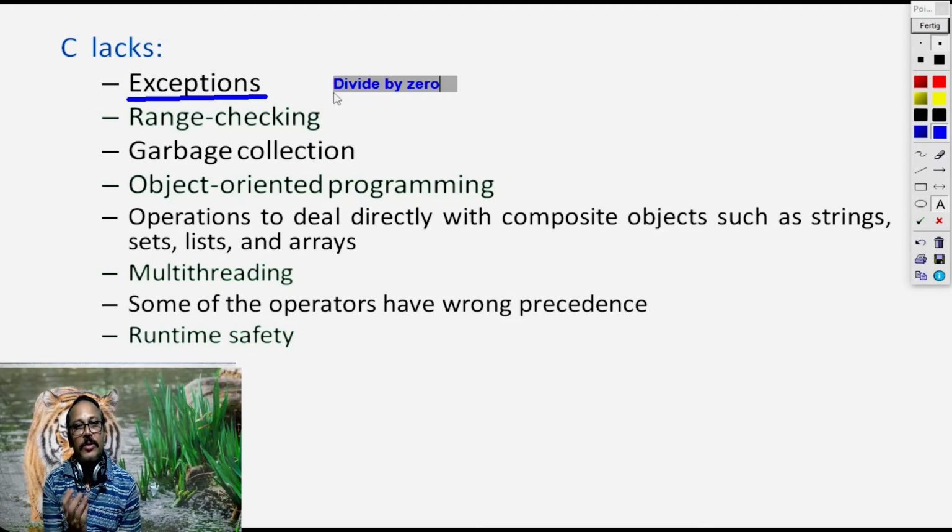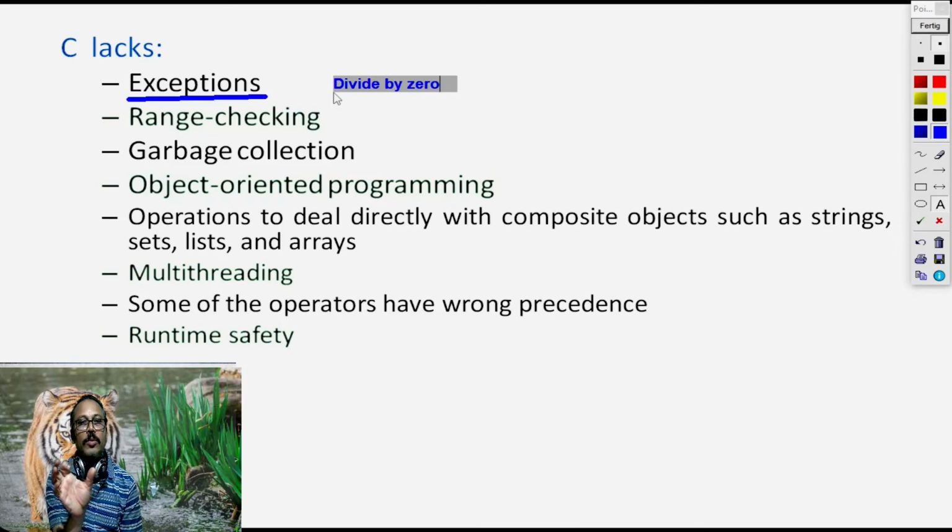So the computer doesn't know what to do, where to put the restriction. Such errors are called exceptions. So C doesn't have any features which allow us to handle the exceptions.